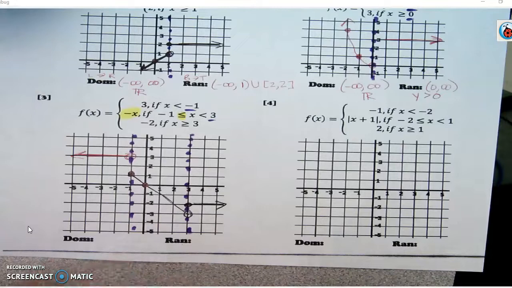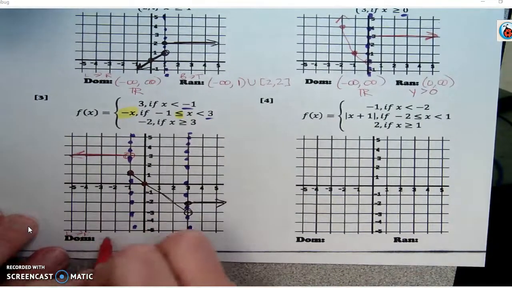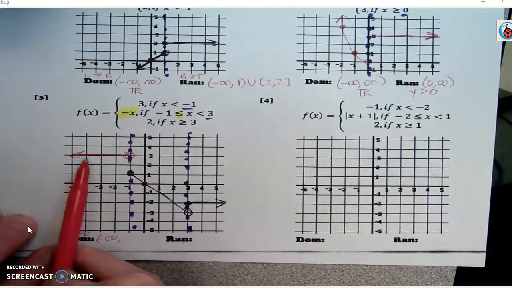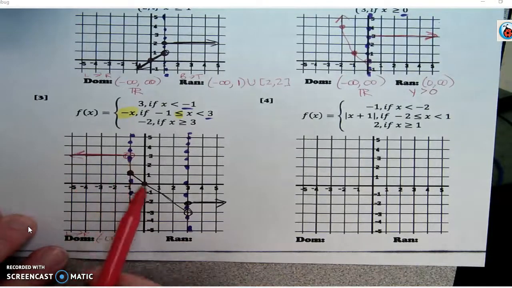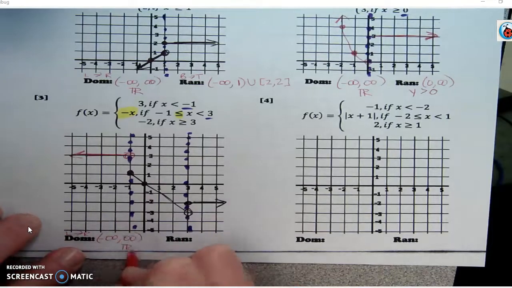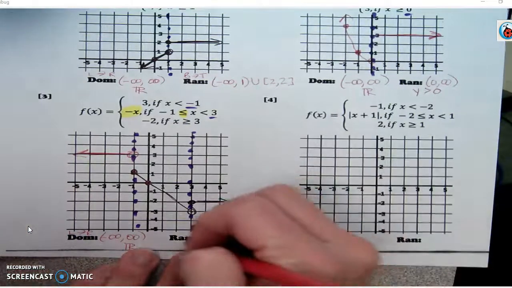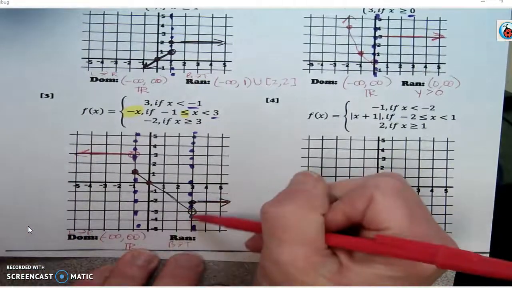Okay. All right, domain left to right. On the left, it goes forever, and as I trace it, it never skips any x values. So -infinity, +infinity, or you could say all real numbers. Range, bottom to top. At the bottom, it does not go forever.